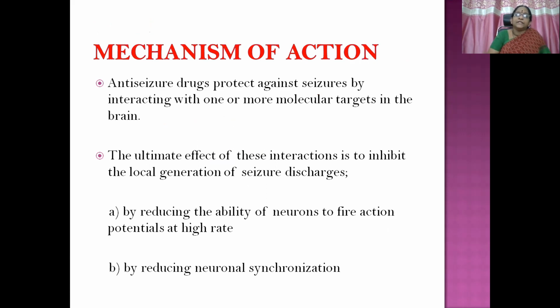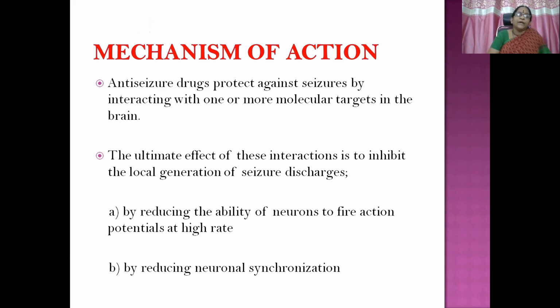Then the last one is the mechanism of action of anti-epileptic drugs. Anti-seizure drugs protect against seizures by interacting with one or more molecular targets in the brain. What are they? Let us see. It's not just one mechanism of action. The ultimate effect of these interactions is to inhibit the local generation of seizure discharges.